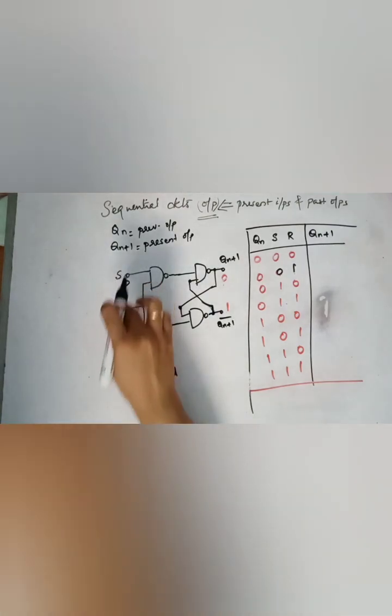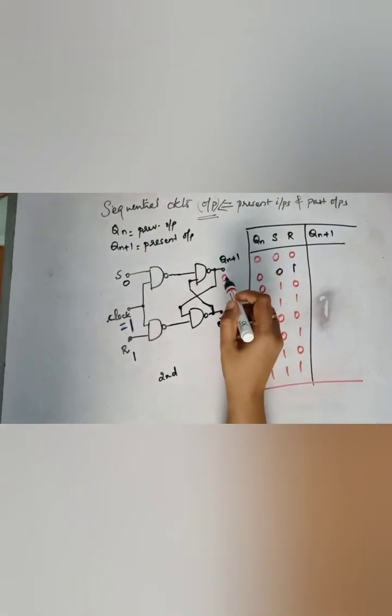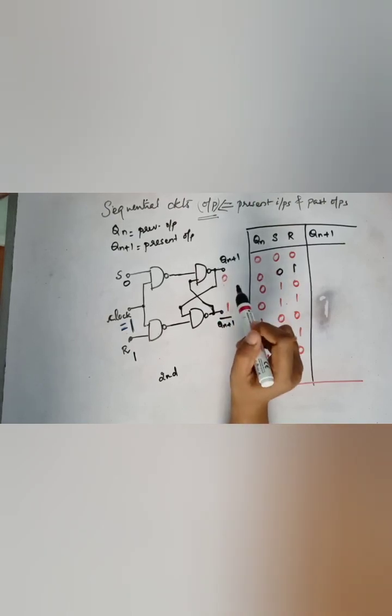So before the third clock pulse comes in, I am applying 0 and 1 to S and R. Then the third clock pulse also comes in. So I want to know whether this Qn and Qn plus 1 are the same or different.